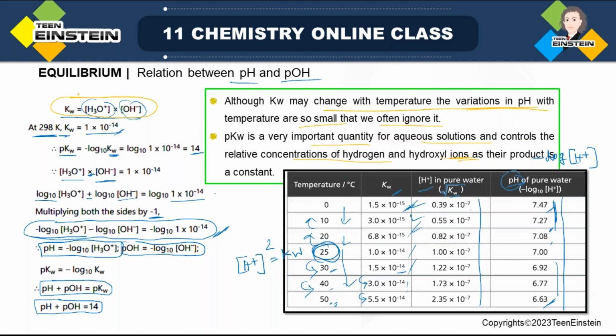It is dependent only on temperature. So that is why this equation, Kw is equal to H3O plus times HO minus, is very important, and it has several applications also.